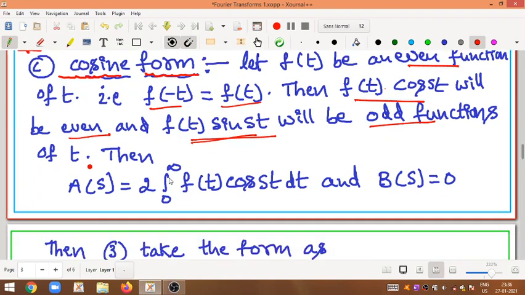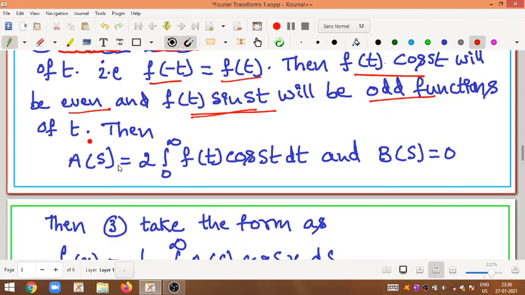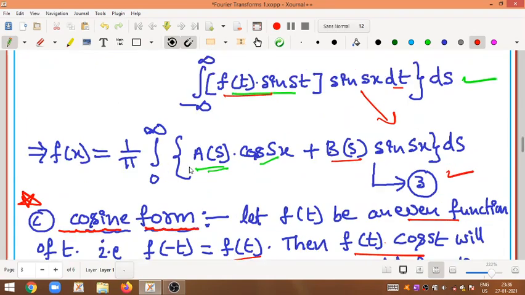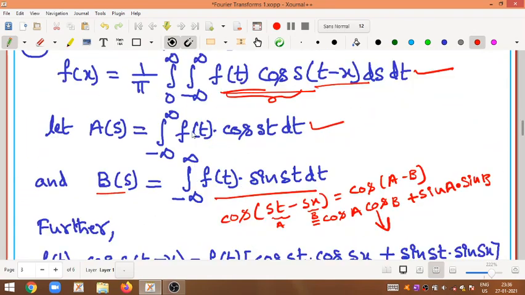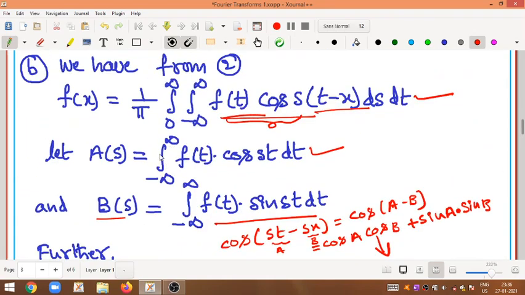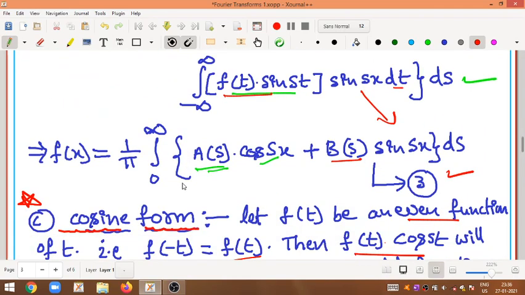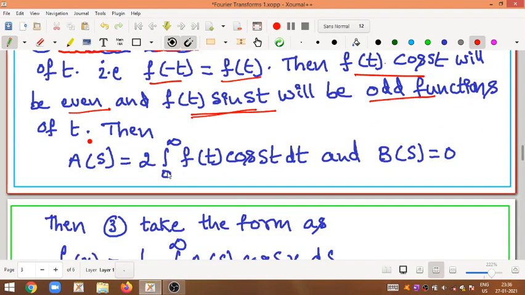Then A of s becomes 2 times the integral from 0 to infinity of f of t into cos st into dt.